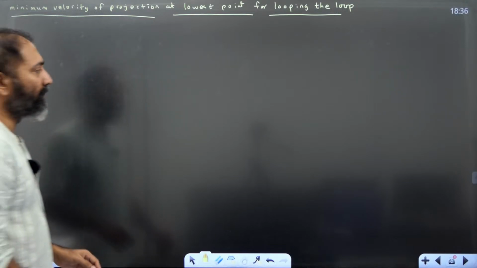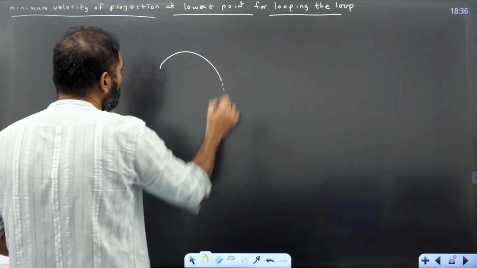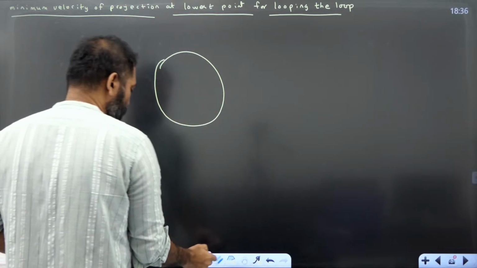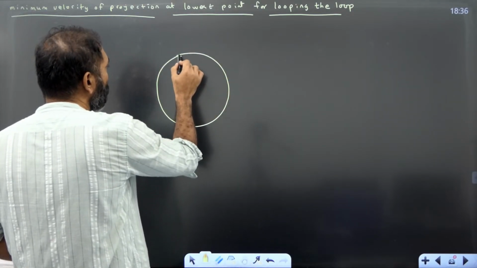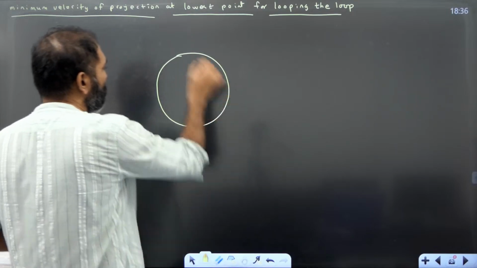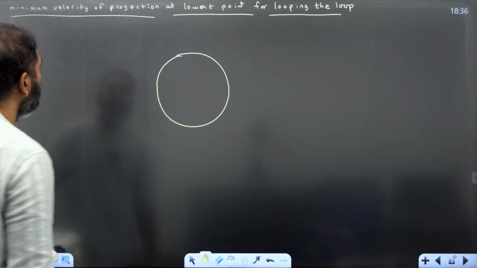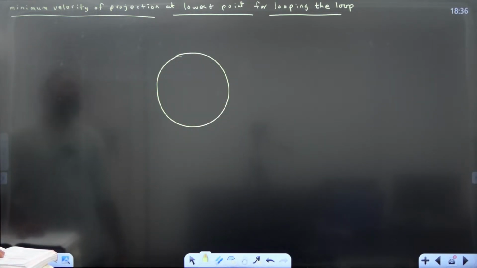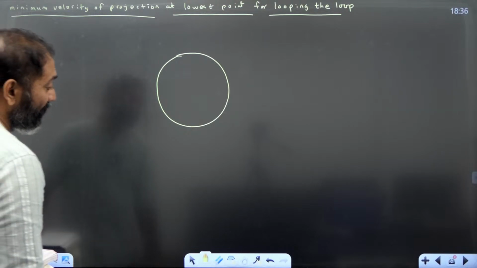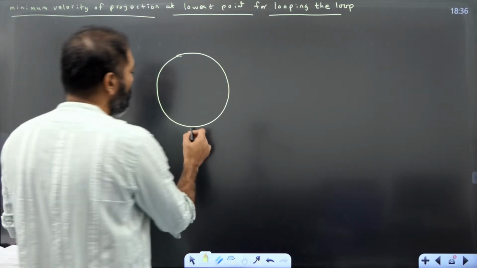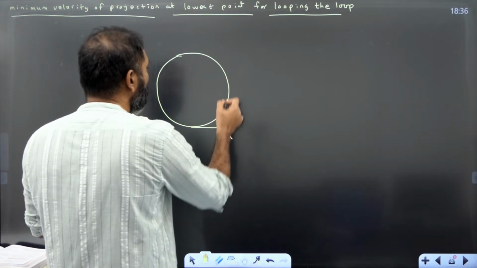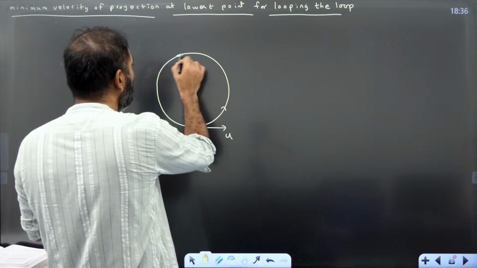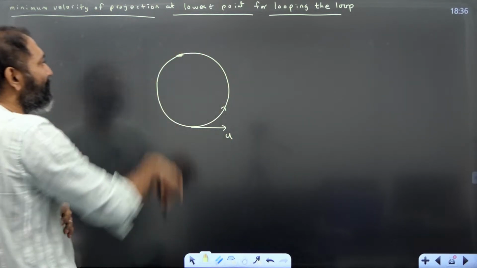Looping the loop means completing the complete vertical circle. Velocity required at the lowest point to complete the vertical circular path is called what? That is, we have to find out the minimum velocity at the lowest point so that the particle completes the complete vertical circular path.